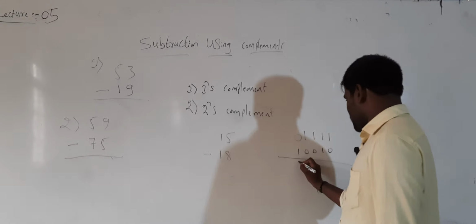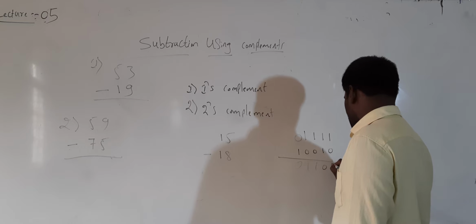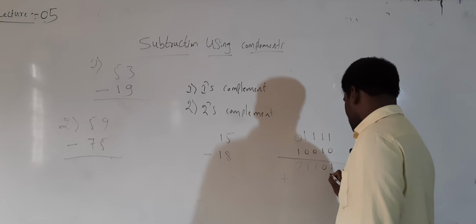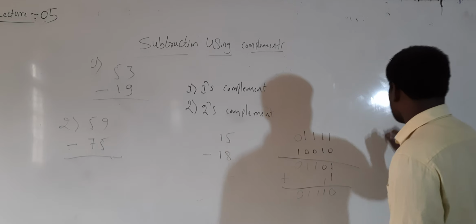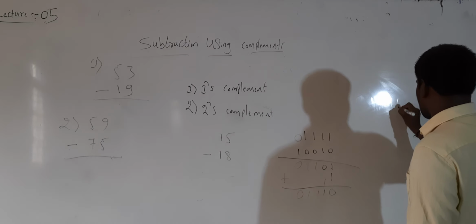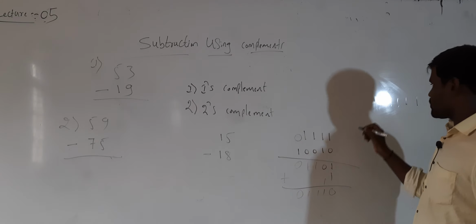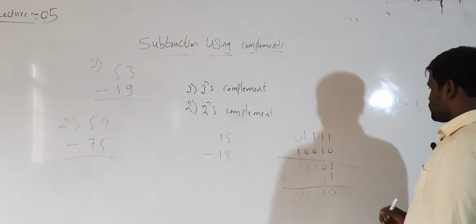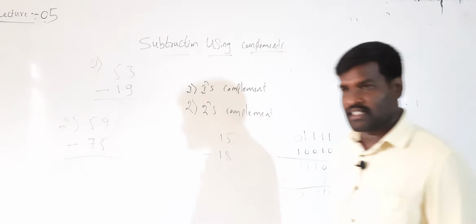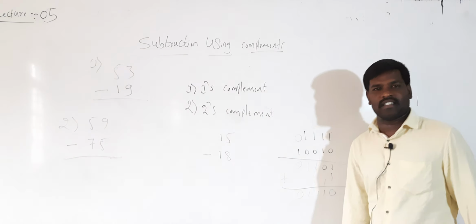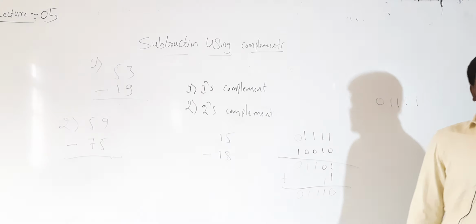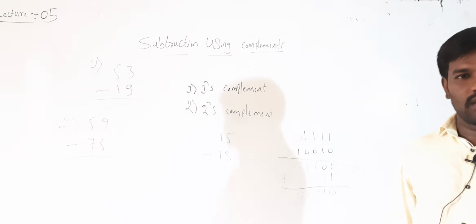So you can convert 0, 1, 1, 0, 1 plus 1, 1, 0, carry 1, 1, 1, 1, 0. See here 0, 1, 1, 1, 1. So don't remove this 0. Because if you remove the 0, again the carry will be generated. But according to the 2's complement, if the carry is generated, it can be discarded.